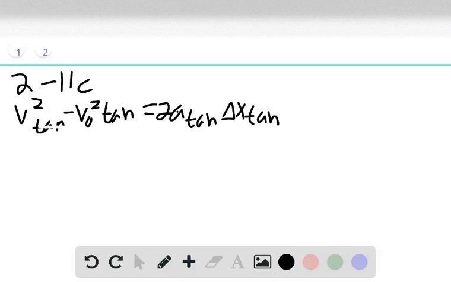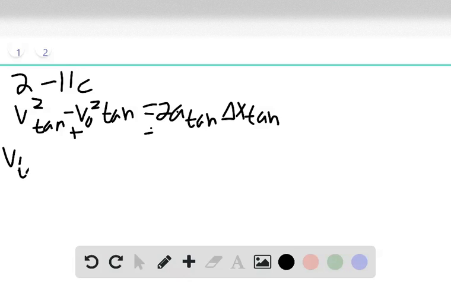So now v naught is 0. We solve for v_tan, so we solve for v final, move the v naught term over to the other side, and then take the square root.